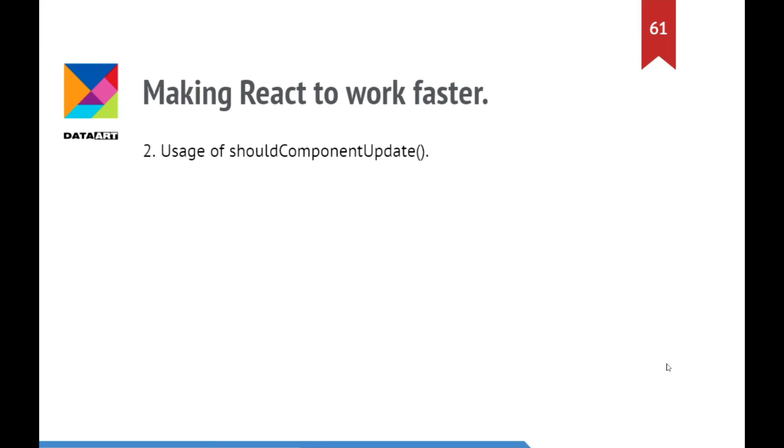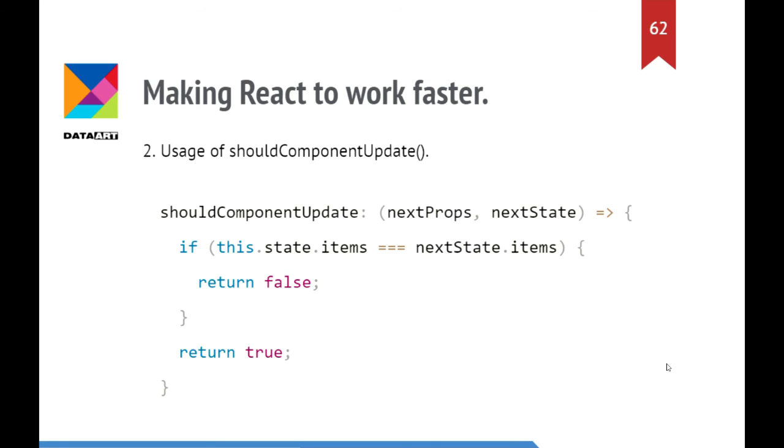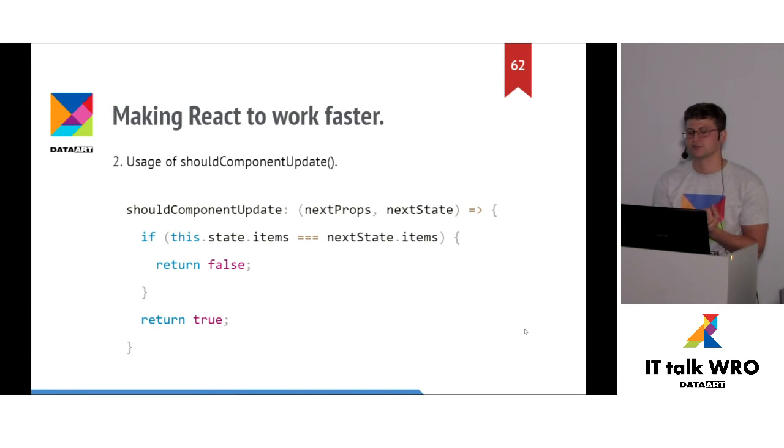I think that the name for this is quite obvious. It just checks whether the render function of the component should be executed or not. By default, this function returns true all the time, so render executes every time, but when we use it, it might not.